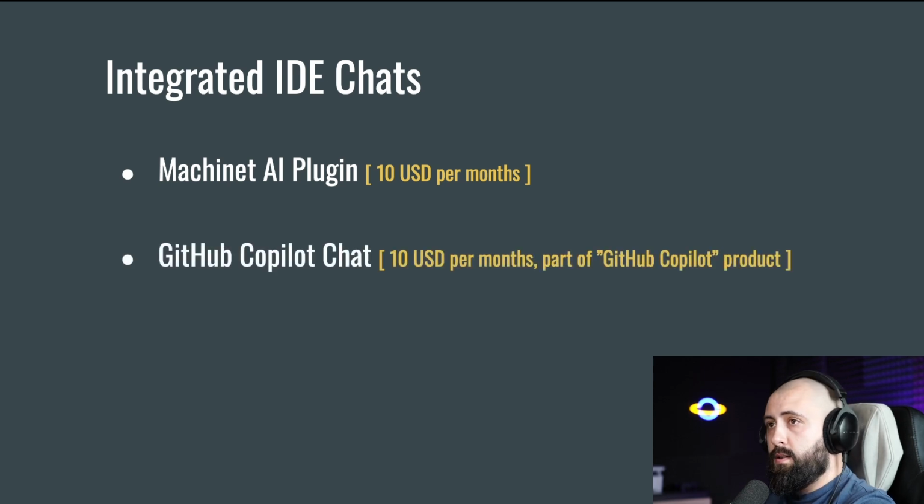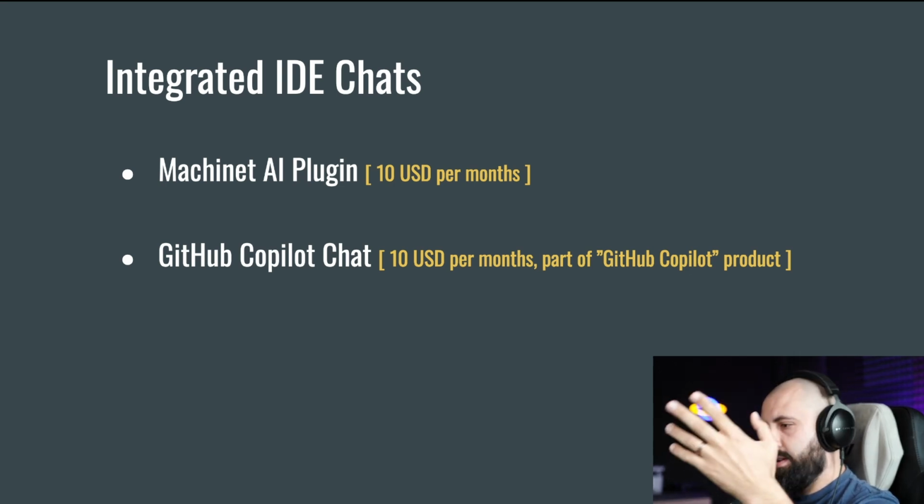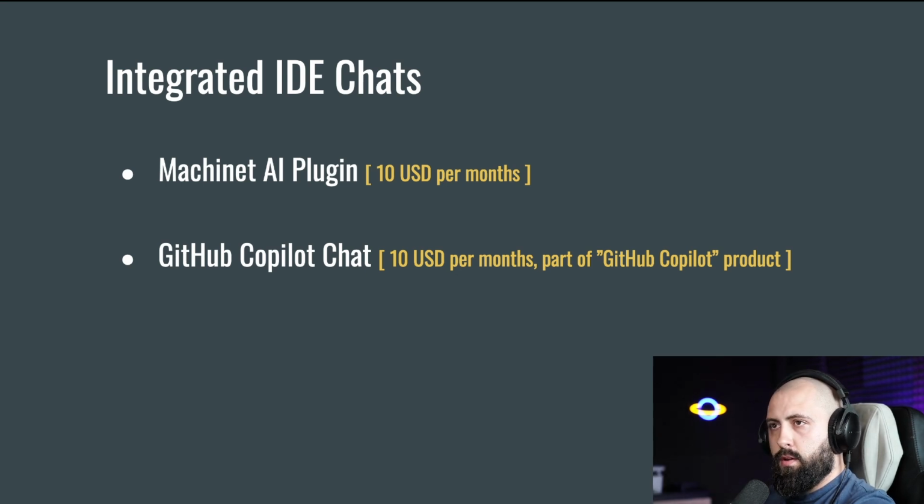GitHub Copilot Chat is also a good one. Especially it is good for Visual Studio Code, because inside Visual Studio Code, GitHub Copilot Chat can use your whole project as context through a special agent named workspace. In JetBrains IDEs, GitHub Copilot Chat cannot use your whole project as a context.